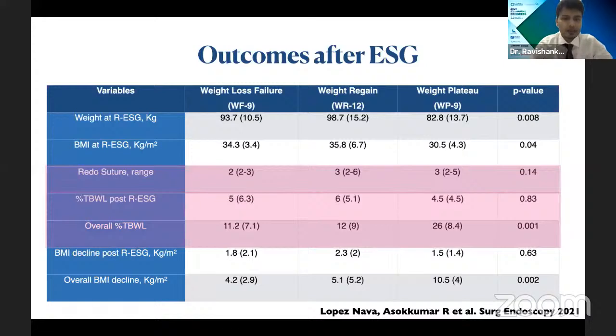The key is who the good responders for redo ESG are is yet to be decided, but based on our observation and experience, we think that the weight regain and weight plateau groups would benefit from ESG compared to the weight loss failure group. The issue with weight loss failure is that these patients to begin with are non-compliant. Offering them a repeat procedure, the likelihood of it failing is in fact higher compared to the other two groups.